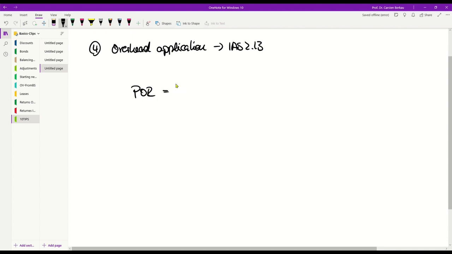So the predetermined overhead allocation rate will be the budgeted cost divided by the planned performance. For the planned performance, you will have a reference unit that will give you the unit, whereas the budgeted cost, let's say, will be recorded in euros.